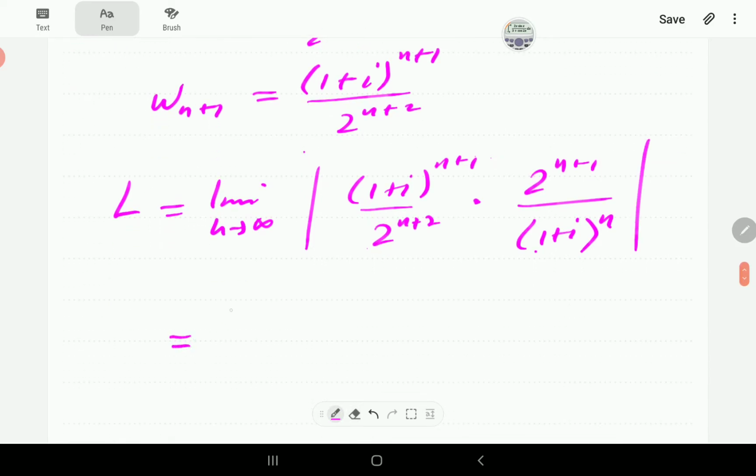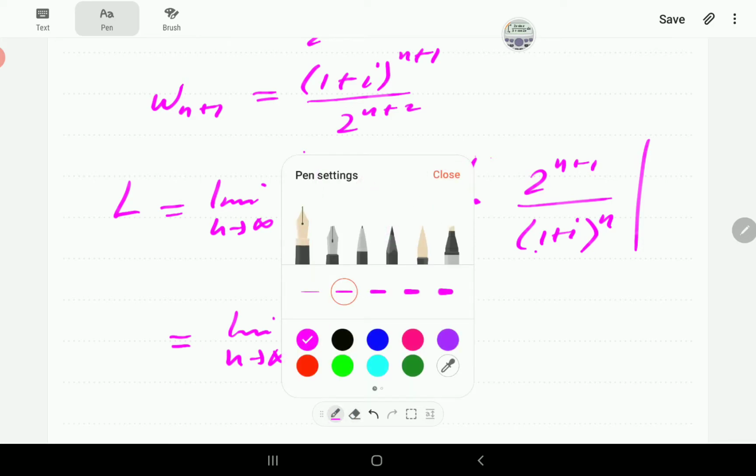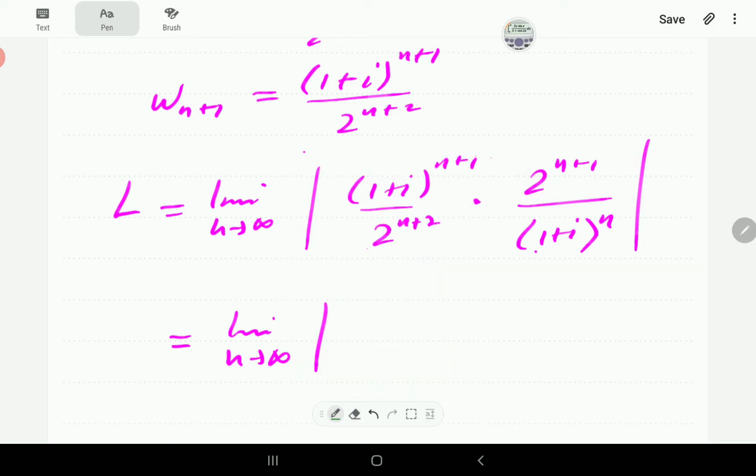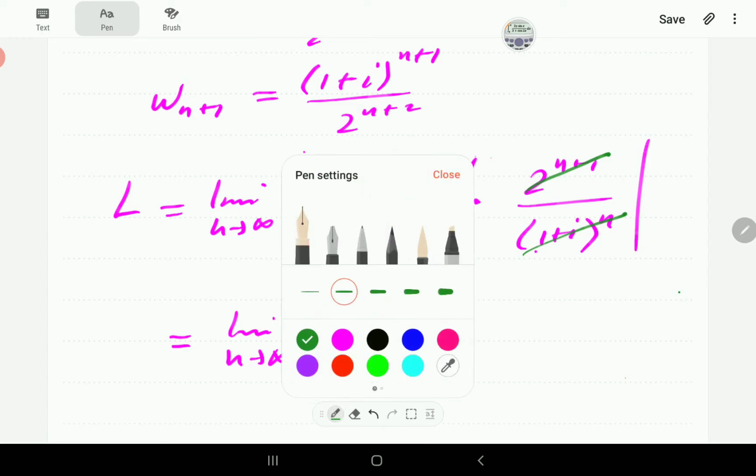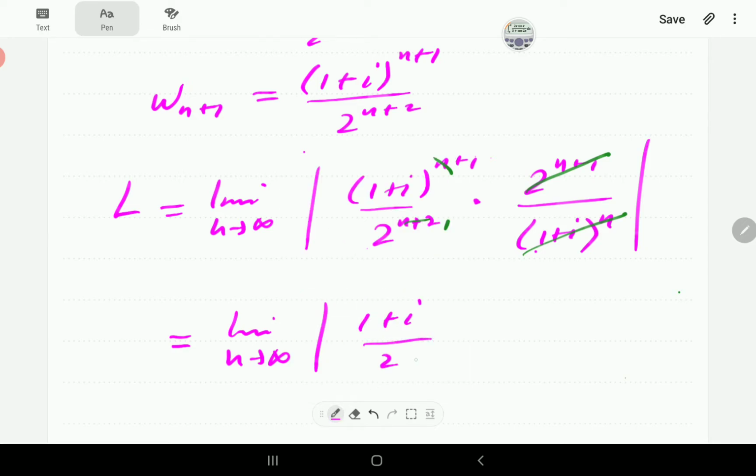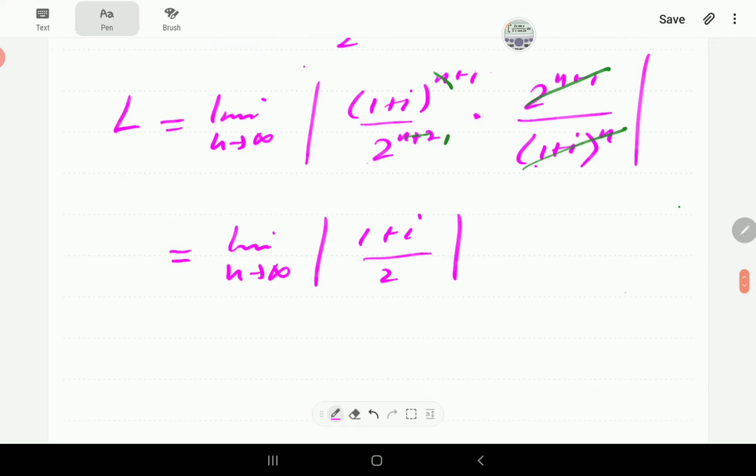Then if we just work these out according to like terms, this is going to cancel out that, so we're going to have 1 plus i in the numerator, and this is going to cancel out this, so that's going to be 2 to the power 1. So that means we're going to have 2 in the denominator.